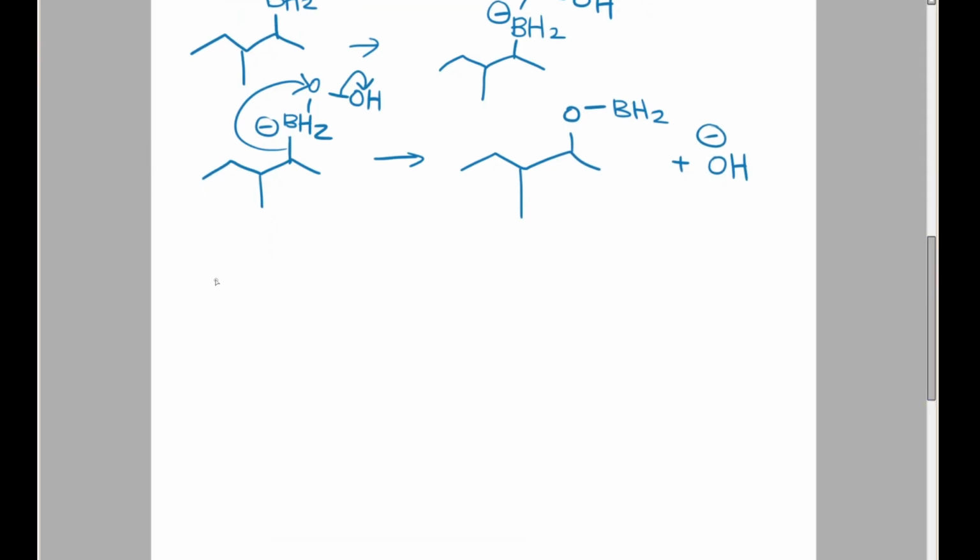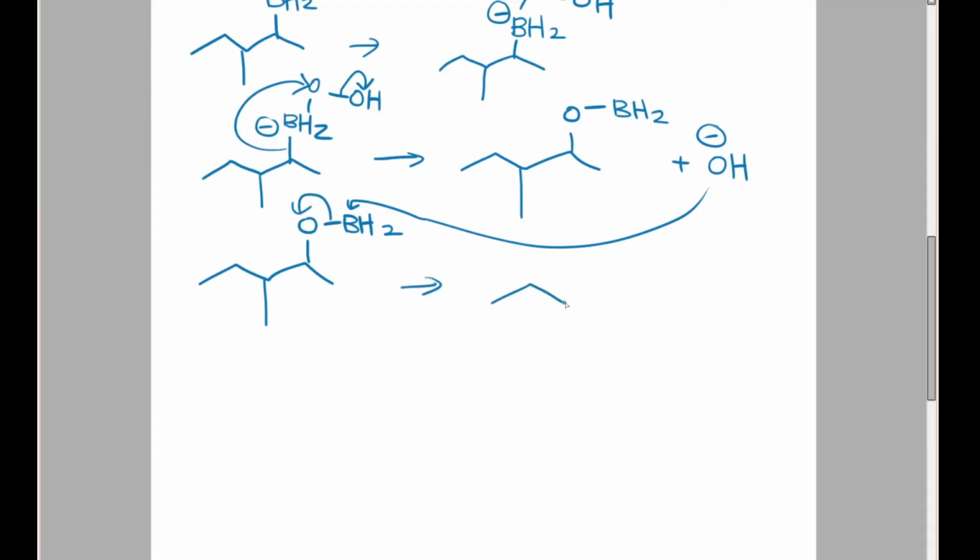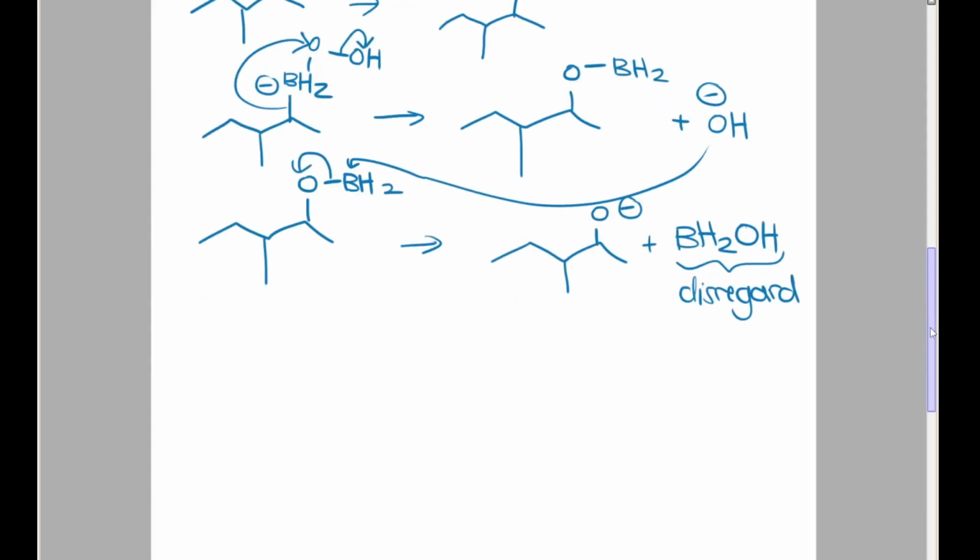So the next part of this reaction mechanism is that the hydroxide ions in the solution are going to bind to the boron, the BH2, and this will break the bond between the oxygen and the BH2. You'll get a negative oxygen atom on the top side of the molecule, and a byproduct of BH2OH, which we don't care about because it doesn't really come back up in this reaction mechanism.